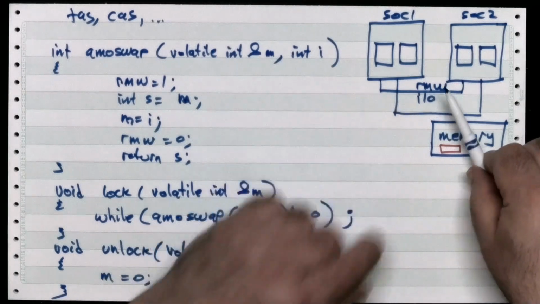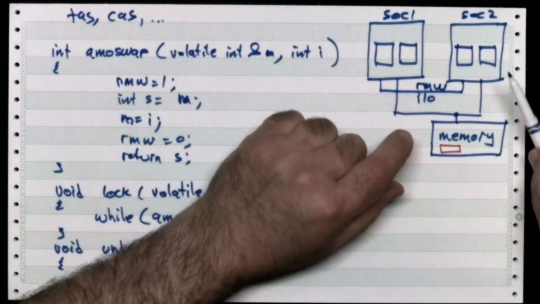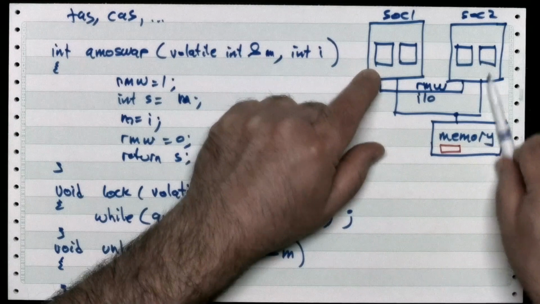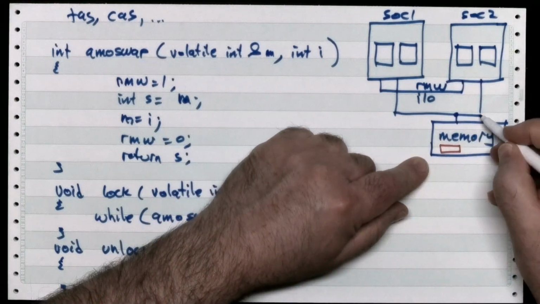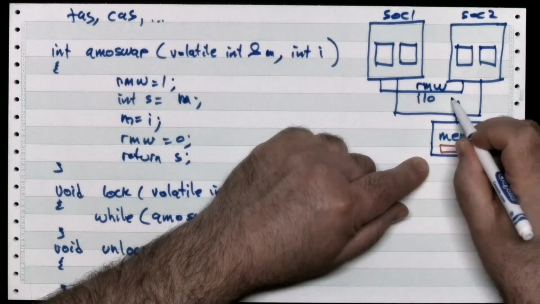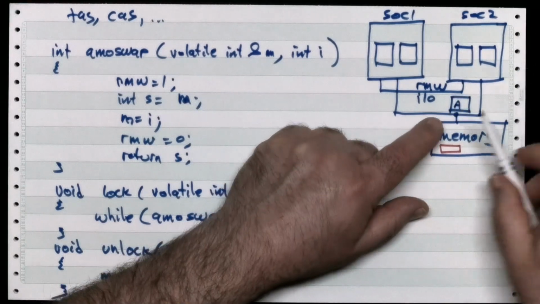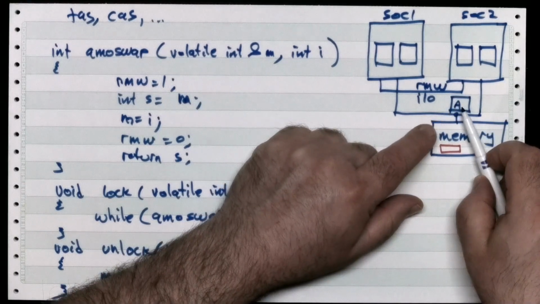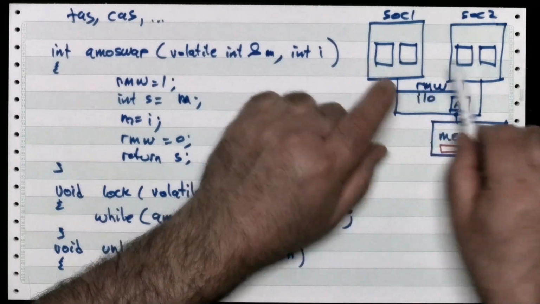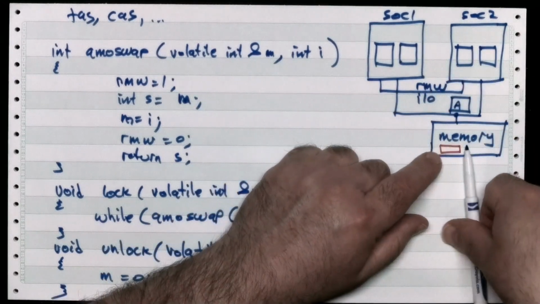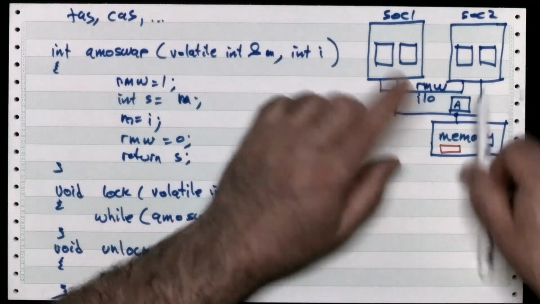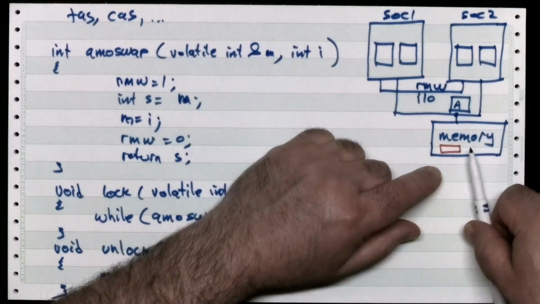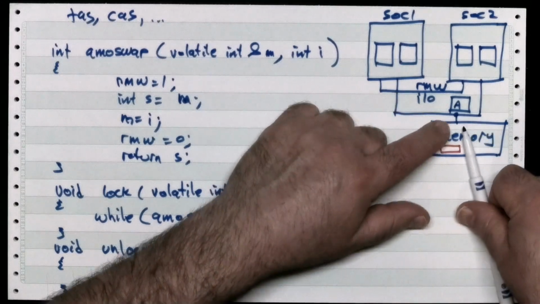All right, so how does this really work? Now remember, if you have more than one socket sharing the same memory, you have to have something in here. I'll put an A right here that arbitrates and decides which socket gets to talk to the memory at any given point in time. They're all going to be fetching instructions out of it. They're going to be loading data out of memory and storing data back into memory. They can't do it at the same exact time.